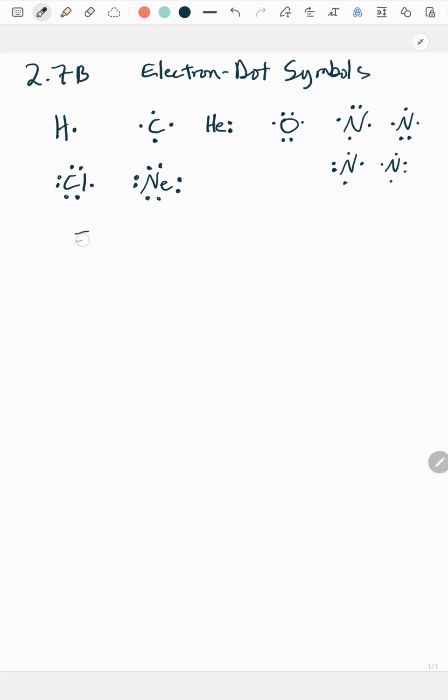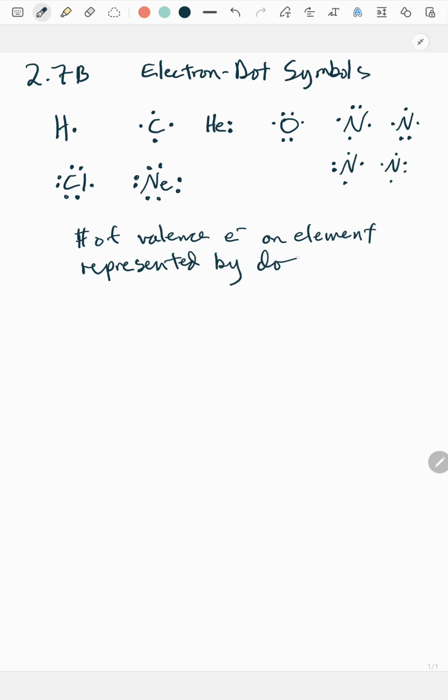So the number of valence electrons on an element is represented by dots.